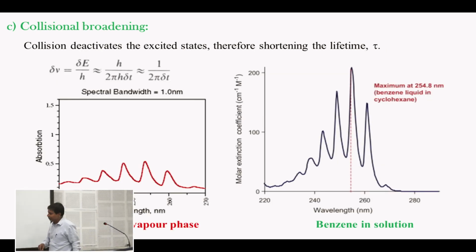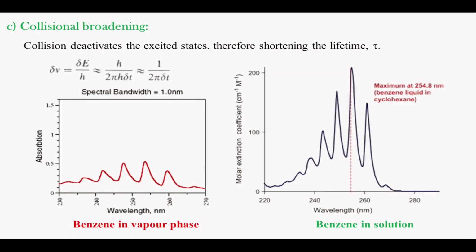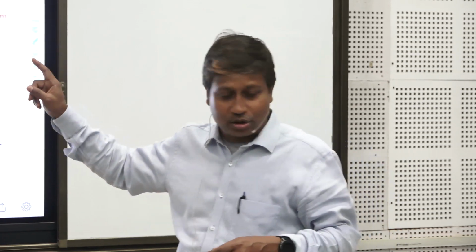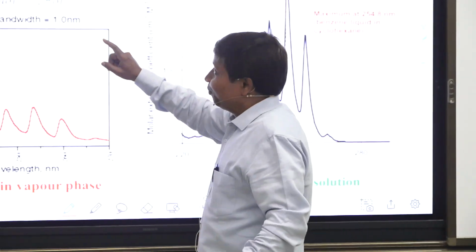And this one is collision broadening. As I said, there are different spectroscopists: some work in the gas phase, some work in solution, some in the solid. Gas phase spectroscopists say that solution spectroscopy is not the real spectroscopy because you have the effect of the solvent molecules.